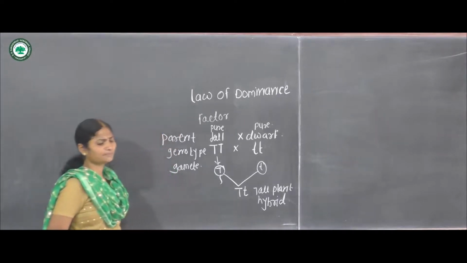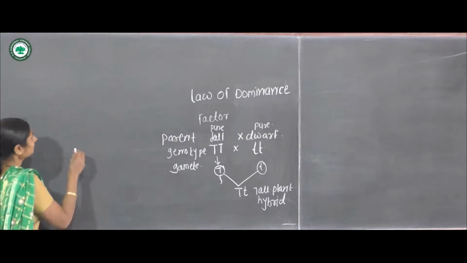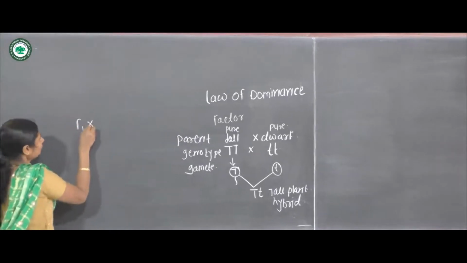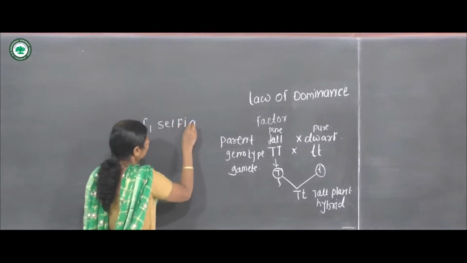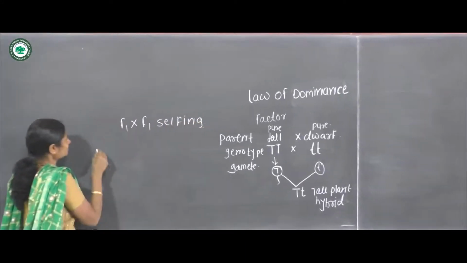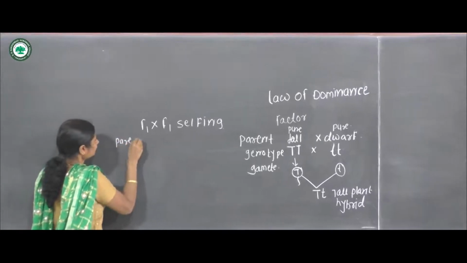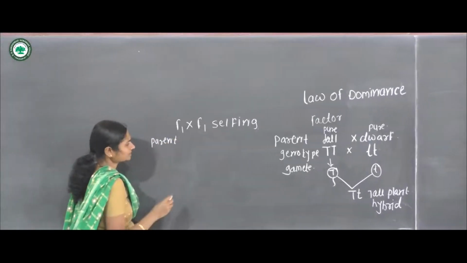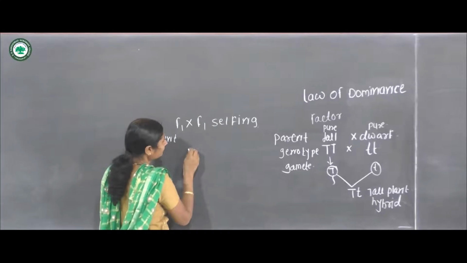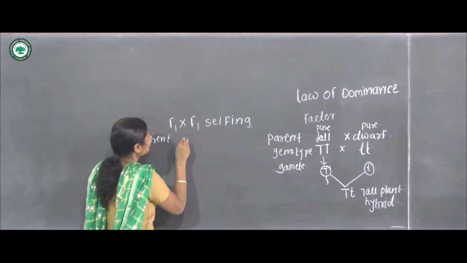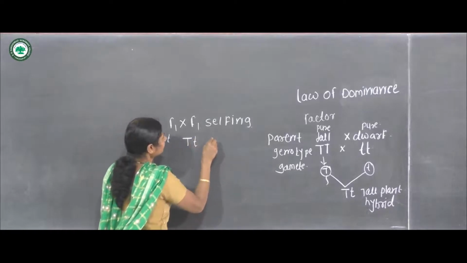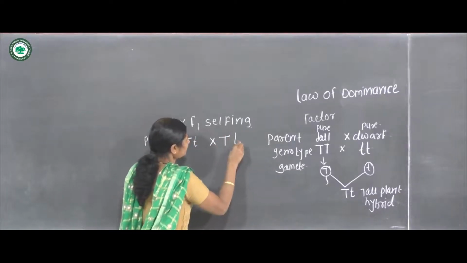When selfing F1 into F1, the parents are tall plants in heterozygous condition, capital T small t into capital T small t.